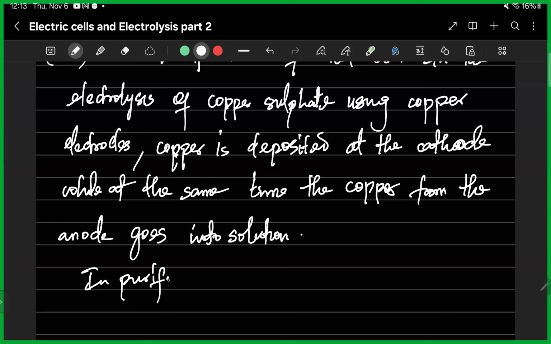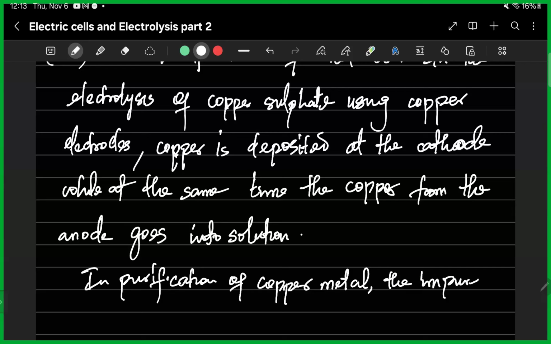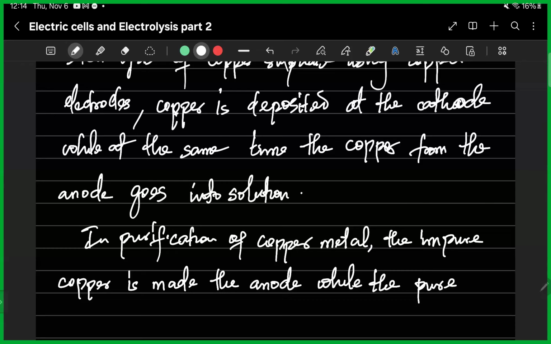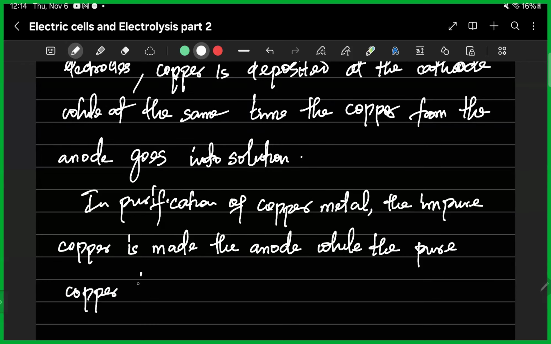In purification of copper metal, the impure copper is made the anode, while the pure copper is made, take note of these things, the cathode.